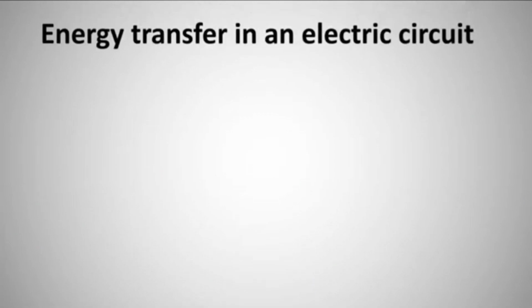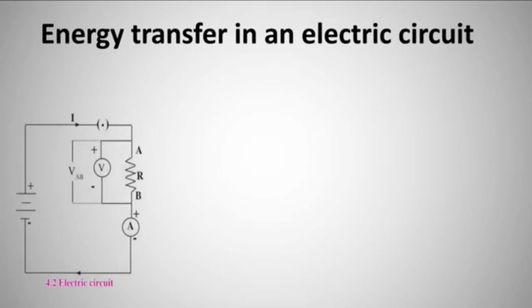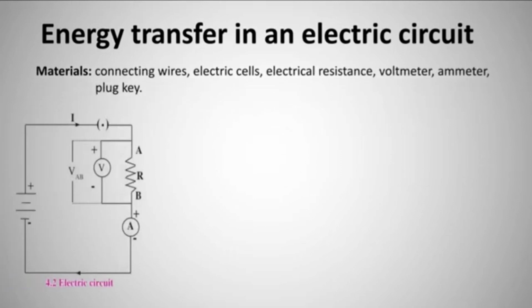Energy transfer in electric current. To understand how energy is transferred in an electric circuit, let us perform an activity. Take materials like connecting wire, electrical cells, electrical resistance, voltmeter, ammeter and plug key.